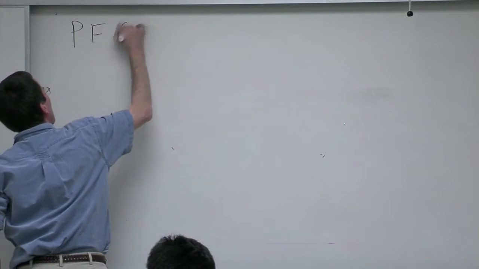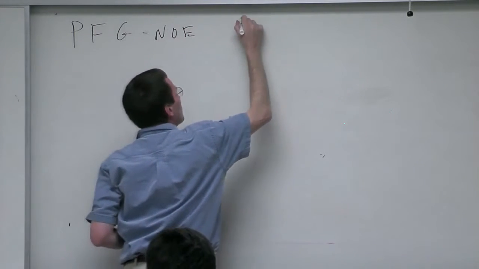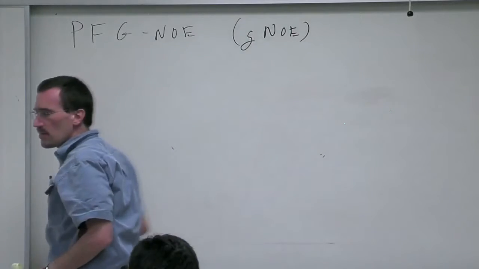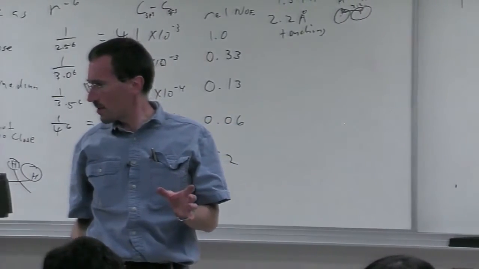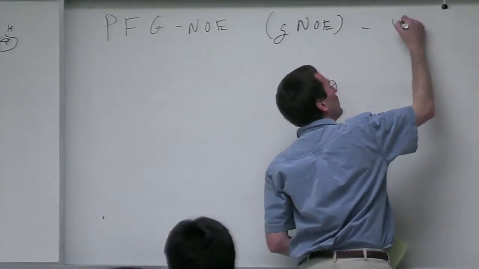So the experiment that's now run is a PFG NOE, also called a GNOE. This is a more modern version of a difference NOE experiment. It's an NOE experiment that uses pulse field gradients.